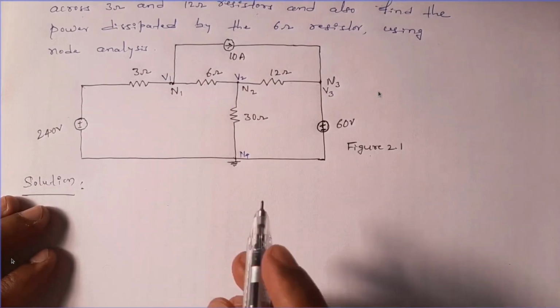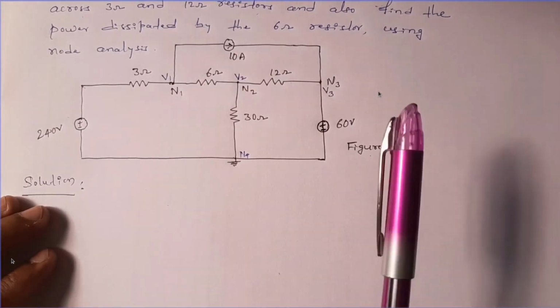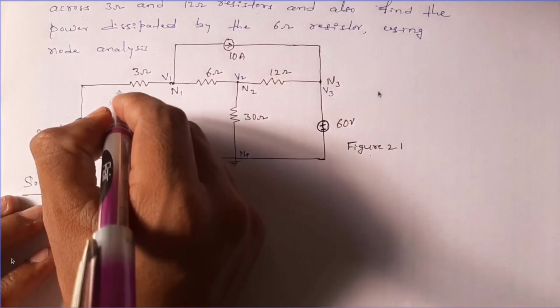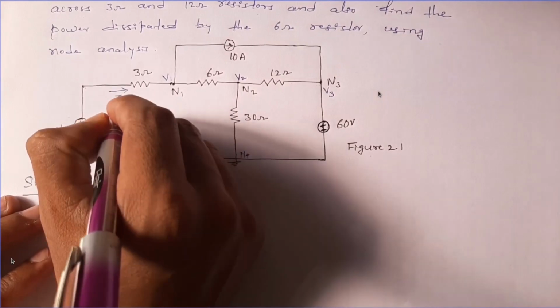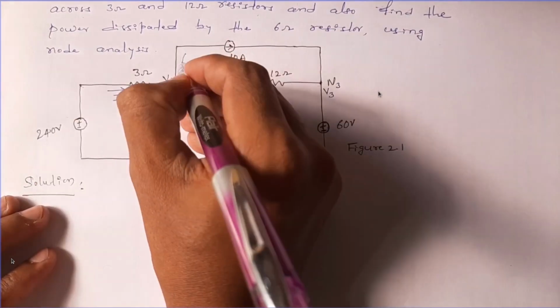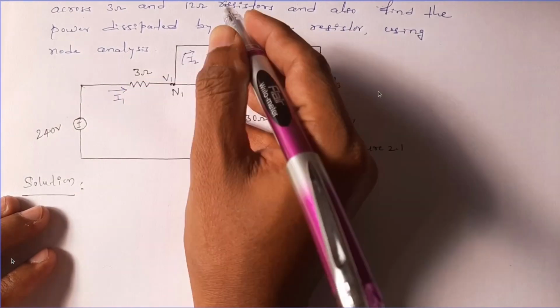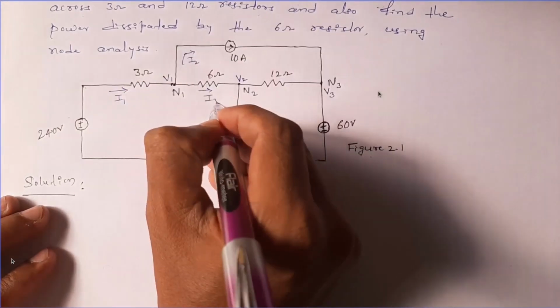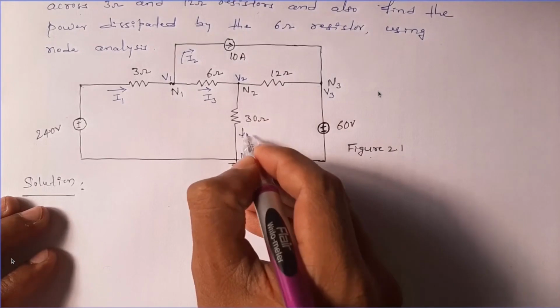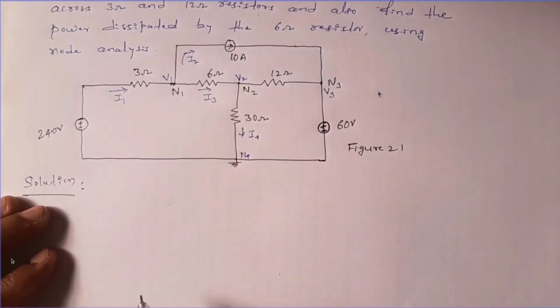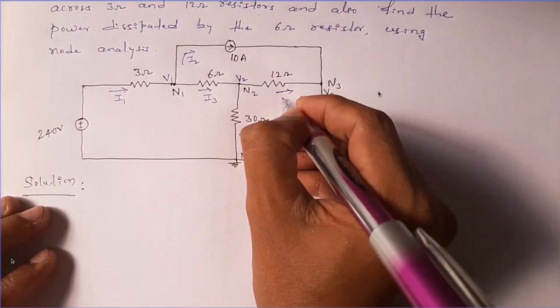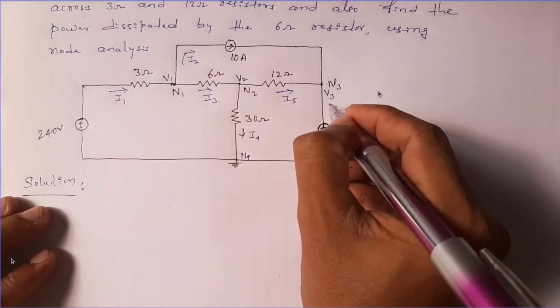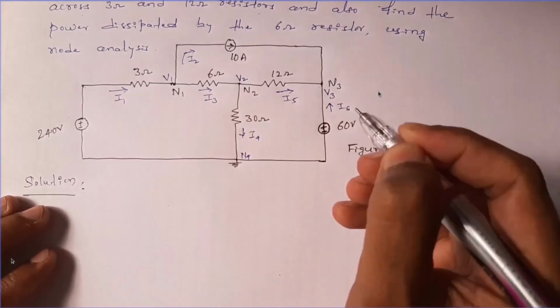And dear students, even before that, I will consider some current here, say I1, and here already some current is there, that is I2, and this is a current I3, and let me consider some arbitrary current direction, I4, and this I5, and here let me consider some current I6. Right?